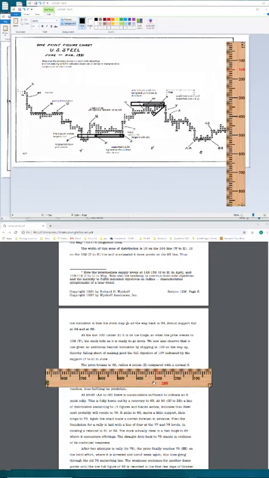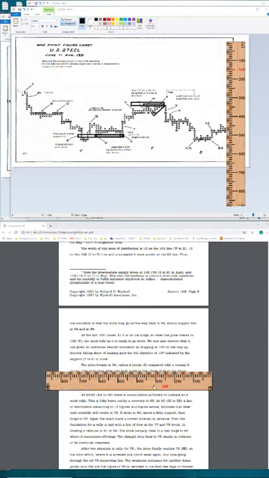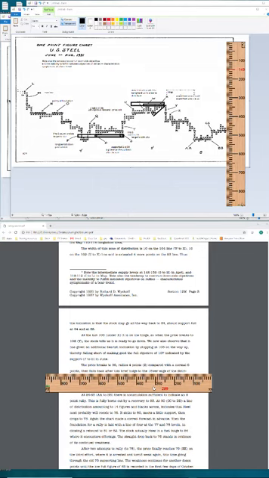So price breaks to 95, rallies 4 points. That's at link. That's at Z. Compared with a normal reaction, so less than halfway back.